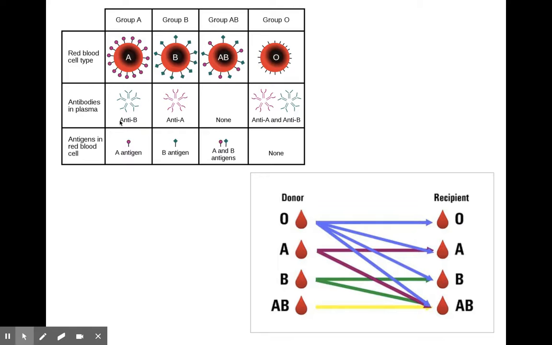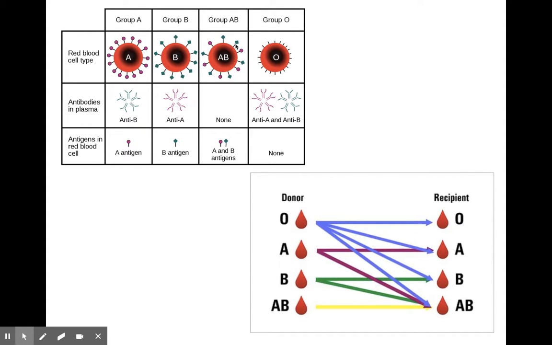But it will have antibodies for the protein that doesn't belong to you, which is group B. So it will fight any blood cells that enter its body if it's B. It'll think it's a foreign invader. So you can see B has this shape, and then it has antibodies for A. So if A was put into a B person, their body would fight off the blood. They would think it was like a bacteria or a virus.